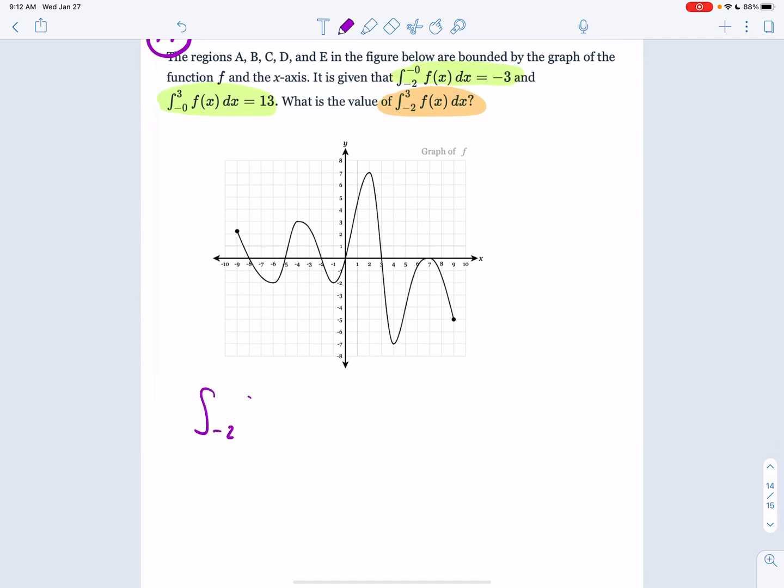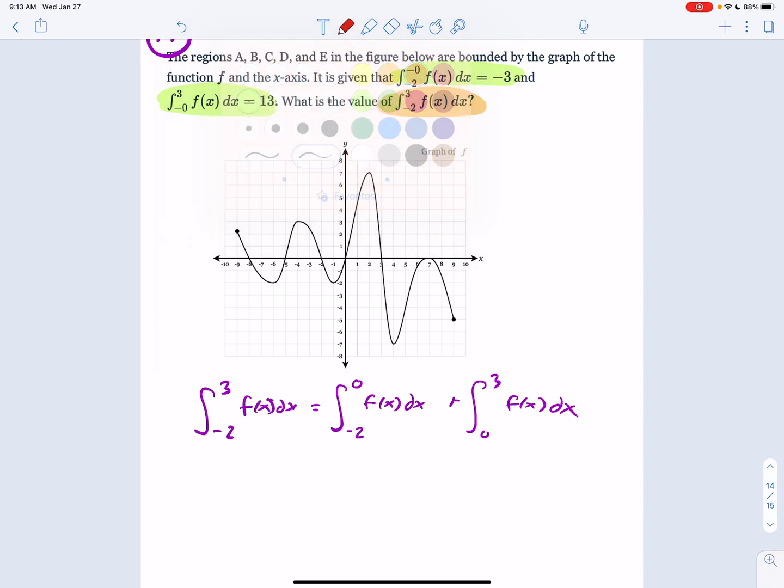The integral of f of x dx from -2 to 3, we could actually use that third property of integrals. I would go ahead and go from -2, but I would stop at 0, and then I would continue at 0 and go all the way to 3. I do that specifically because I know a little bit about these integrals. If you notice, I'll draw some arrows.